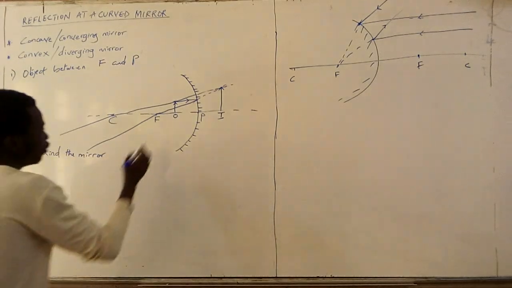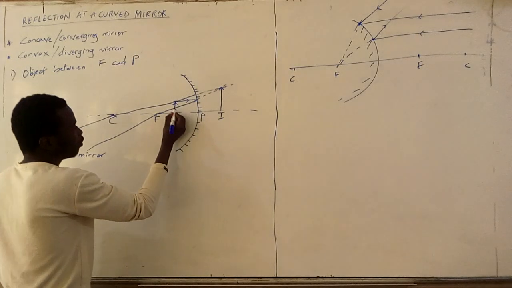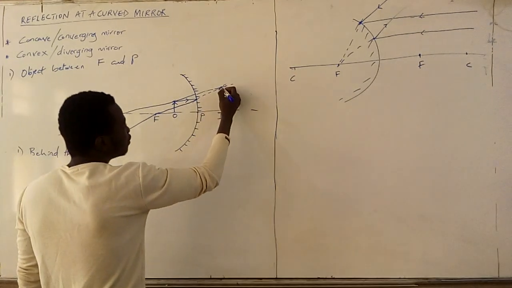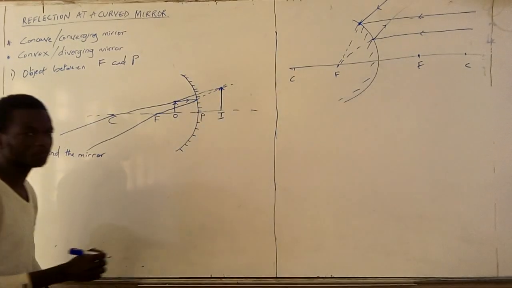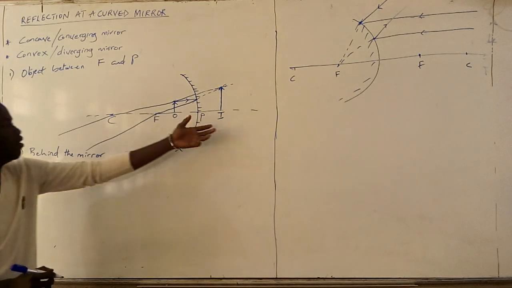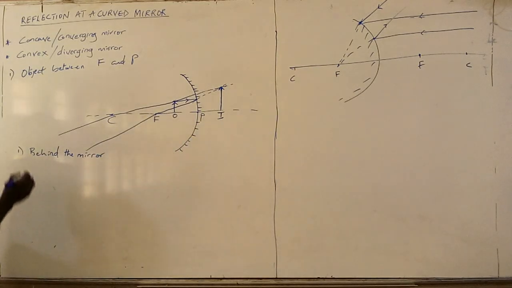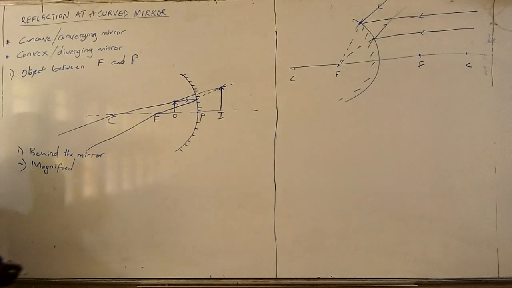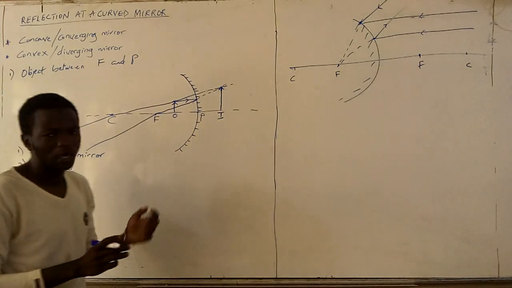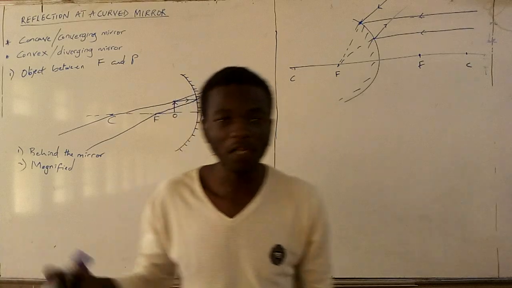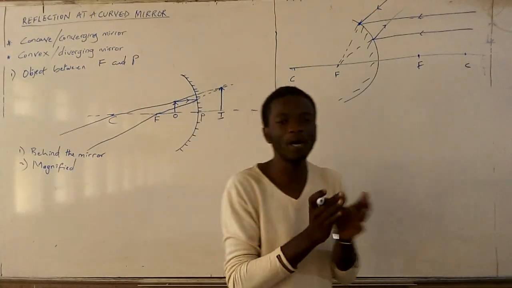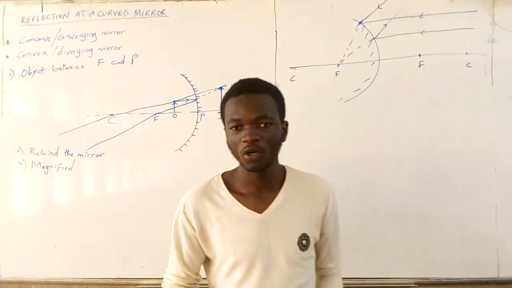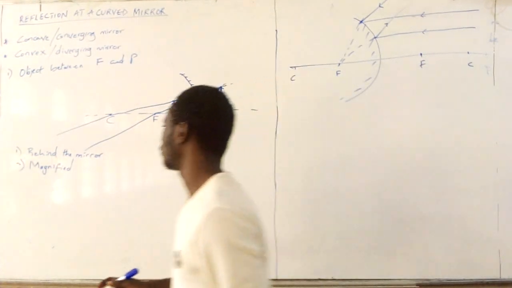Another property is, look at the size of this object and look at the size of this image. You can see that the image is larger than the object. That property is what we call magnified. So the image is magnified. Now, another property: whenever an image is formed at the back of a mirror, we said it is virtual.